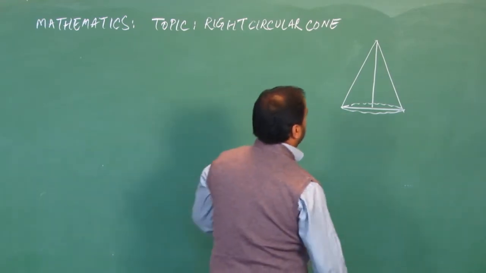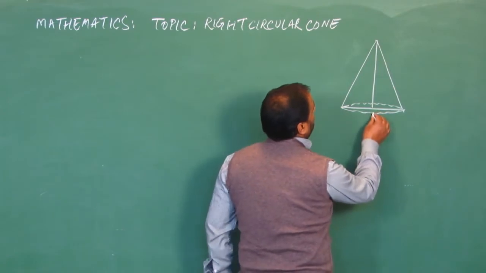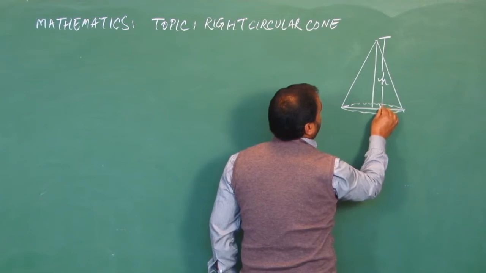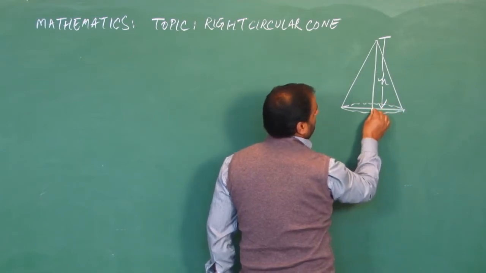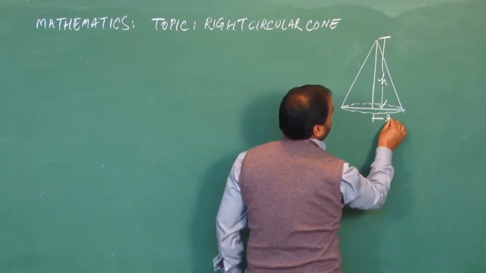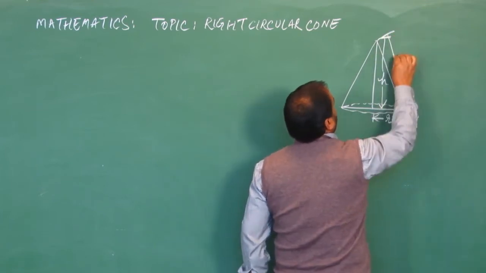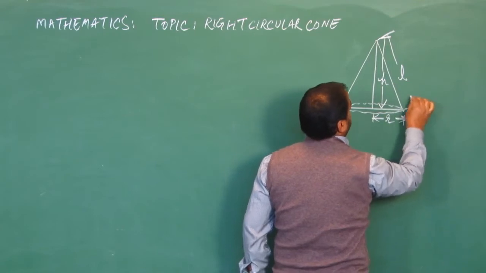The vertical height is taken as the height of the right circular cone, the center towards its end is its radius, and the sloping line is called its slanting height.